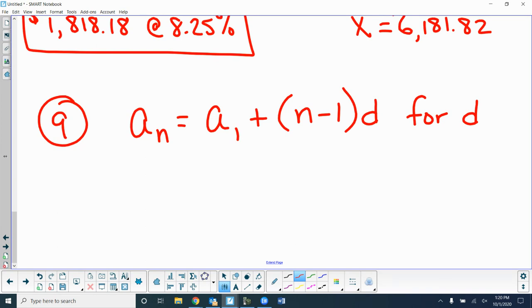So, since I'm adding this A1, we call this a subscript. We call it A sub 1, which represents the first term of the sequence. We'll get into this towards the end of the year. So we'll do problems that involve this formula. So since I'm adding it to the n minus 1 times D, to move it over, I gotta subtract it.